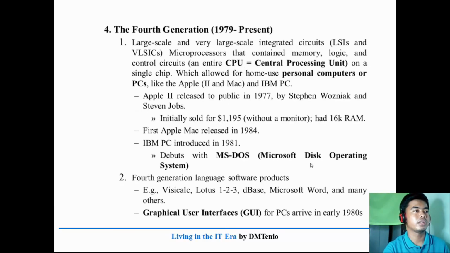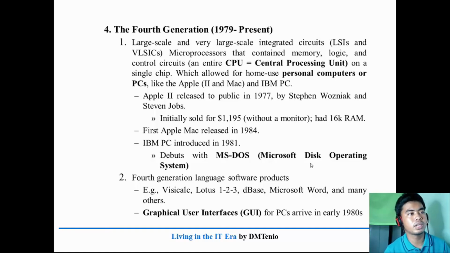Then we have the fourth generation from 1979 to present, though there is also a fifth generation, which is artificial intelligence or AI, which we'll talk about in our next tutorial.